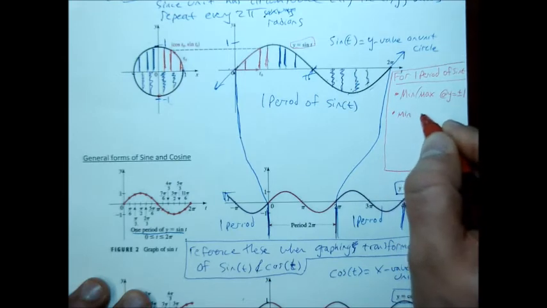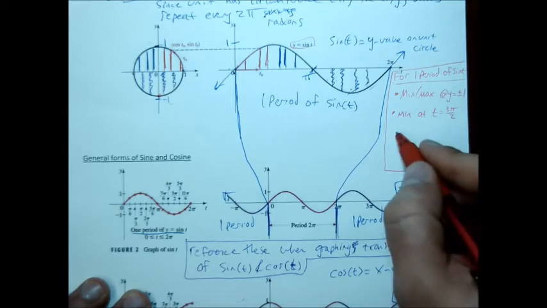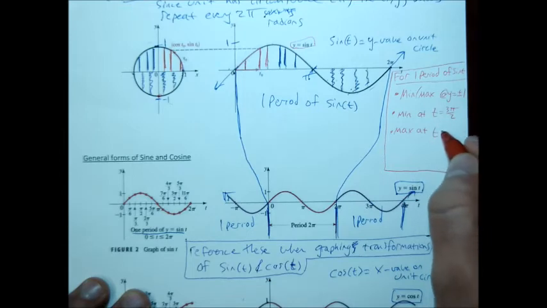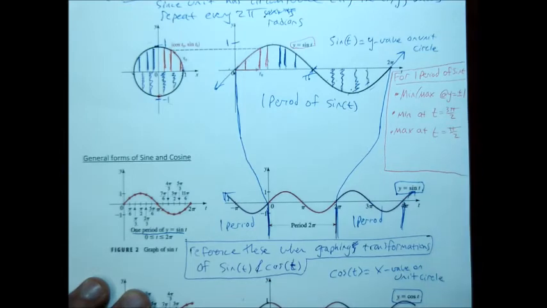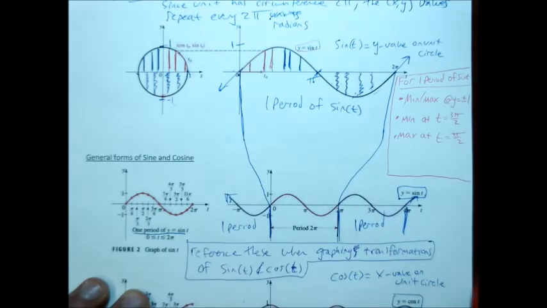The min is at t equals 3 pi over 2, and the max is at t equals pi over 2. Again, that's because that's where the min and the max y values are.